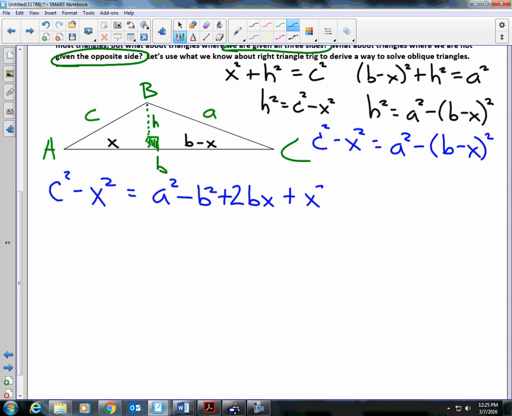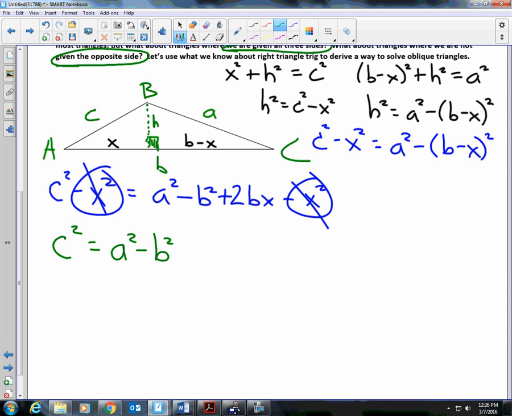Plus x squared. No, minus. So when you square the negative x, you'll get a positive x squared, and you distribute your negative, and you get minus x squared. What do you notice? You can get rid of the x squareds.